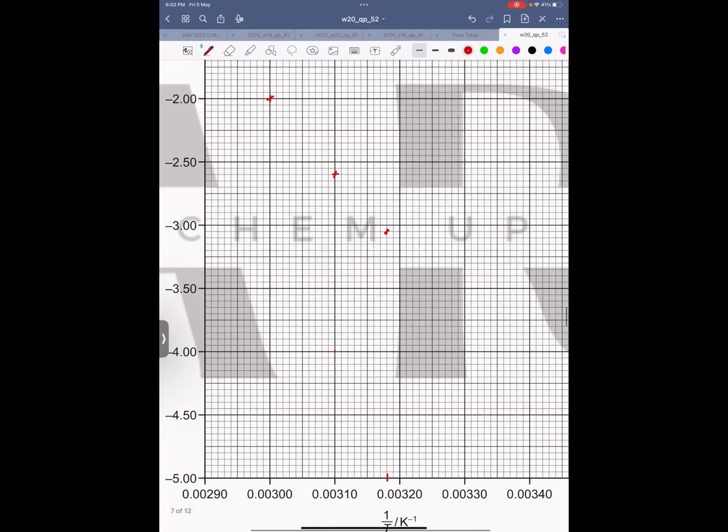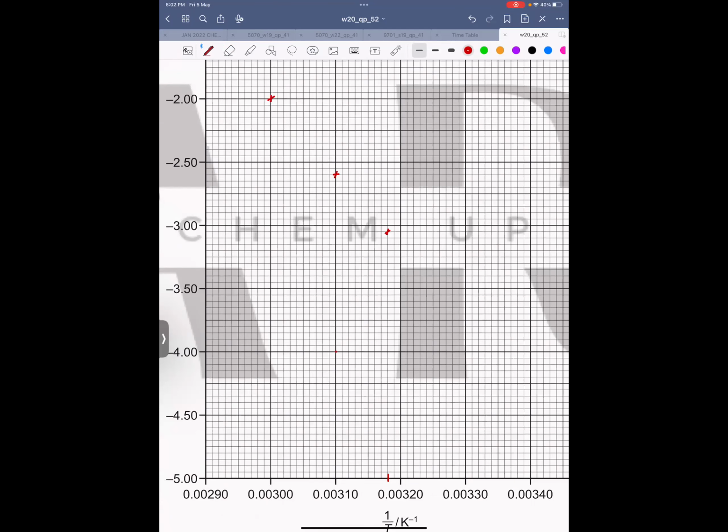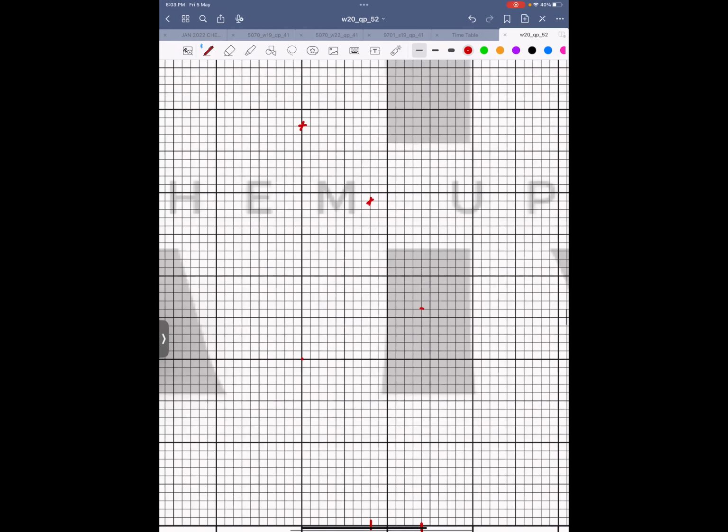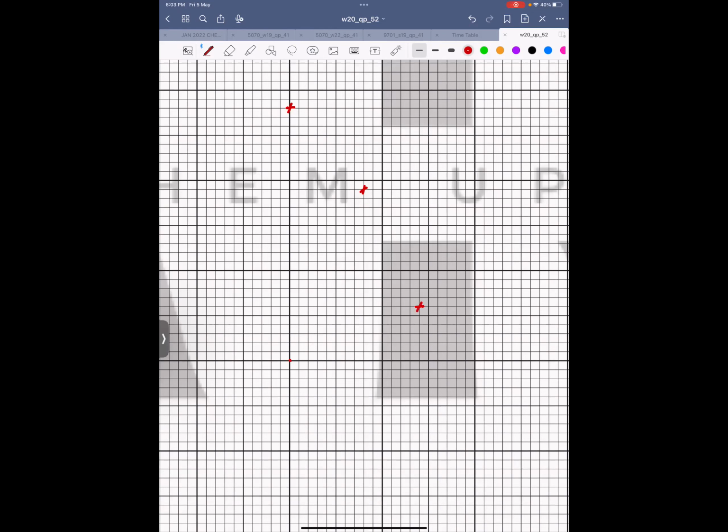324. And on the y-axis, 3.7. Okay, it's 3.5, .7.